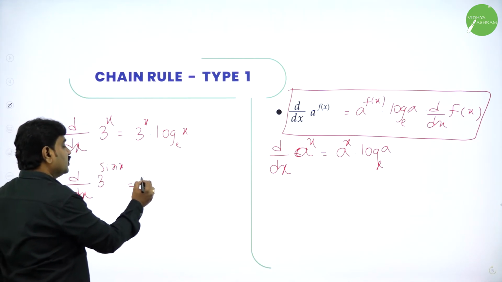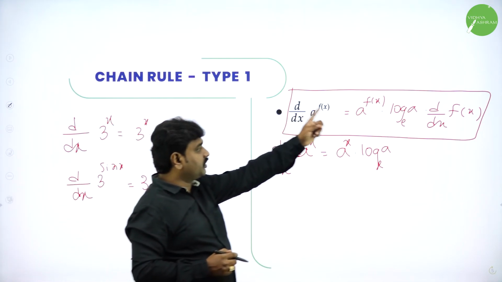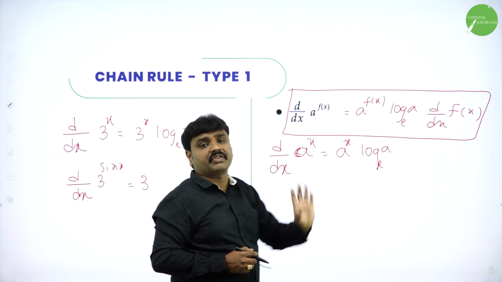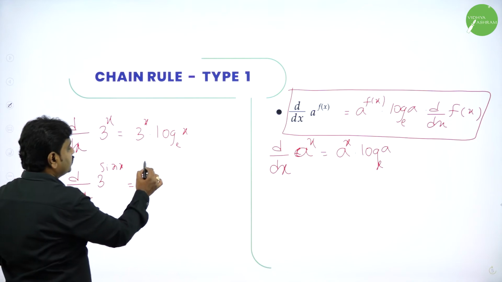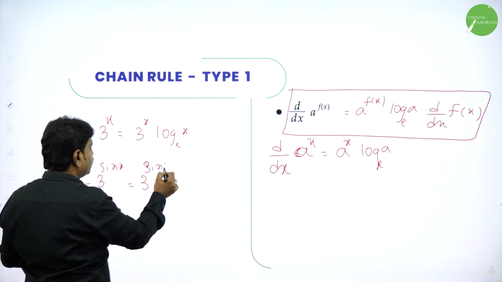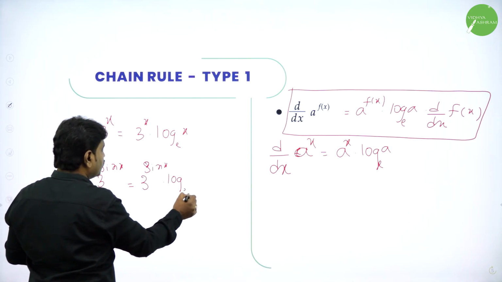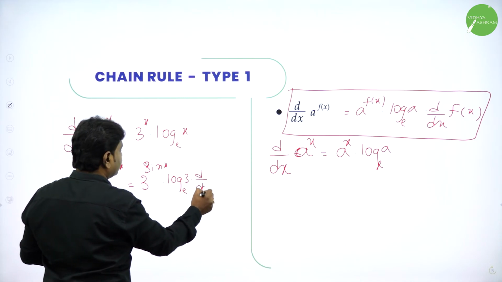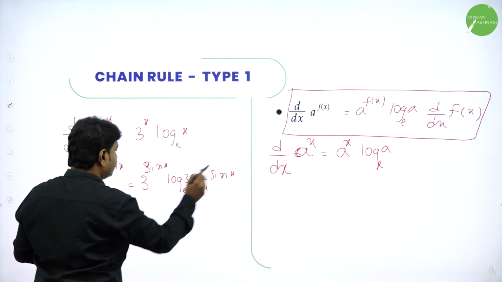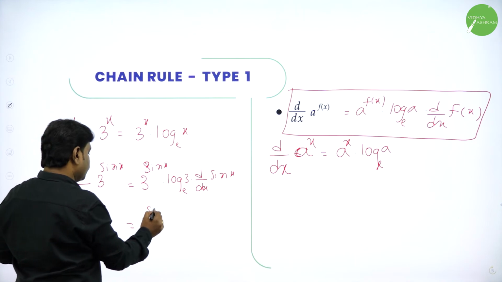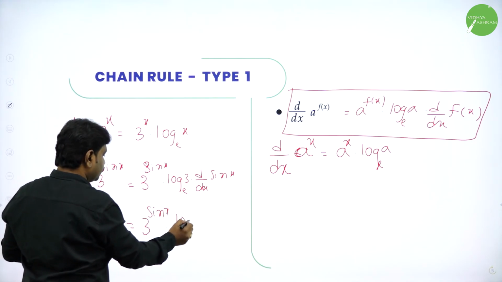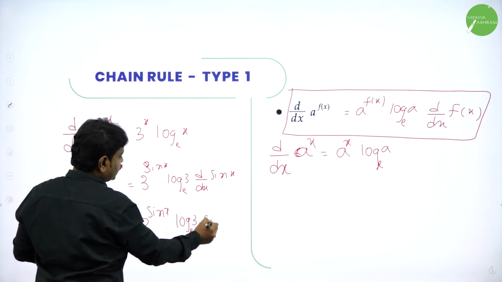So the answer is: a power f of x is a power f of x log a into d by dx of f of x. So this will become 3 power sin x into log 3 into d by dx of sin x. That is 3 power sin x into log 3 into cos x, since the derivative of sin x is cos x.